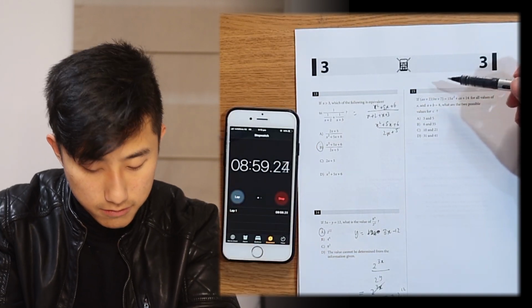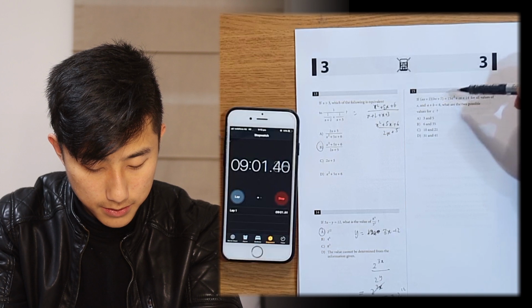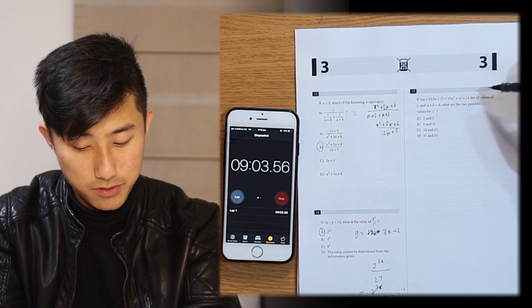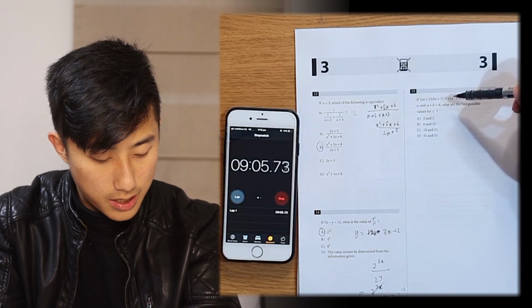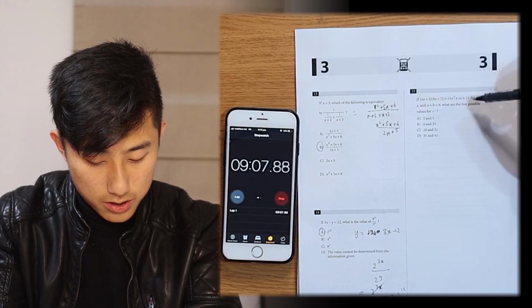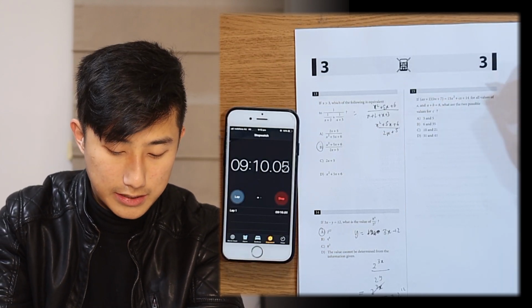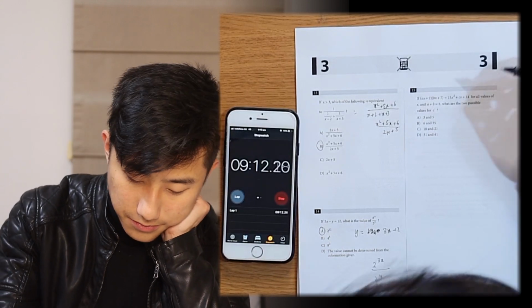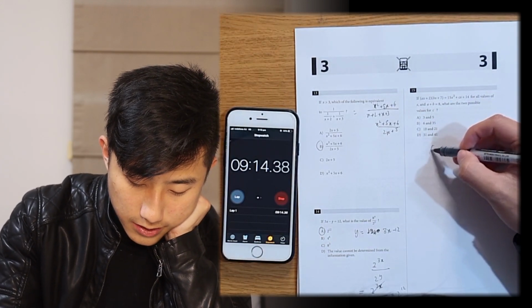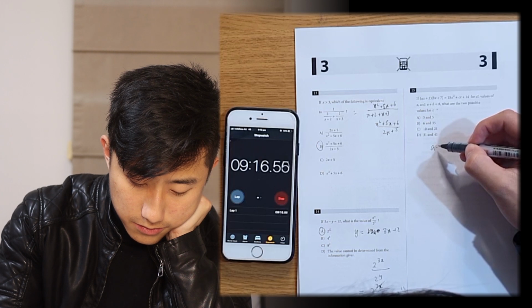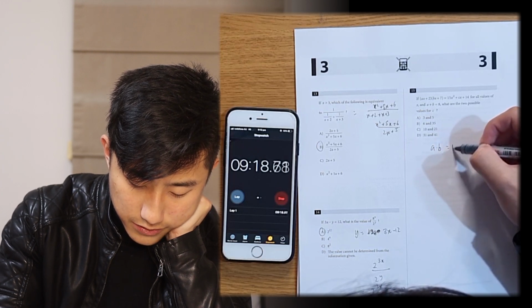Timer was turning off. If ax plus 2 bx plus 7 equals 15x squared plus 6 plus 14 for all values of x, and a plus b equals 8, what are the two possible values of c? So a times b equals 15.